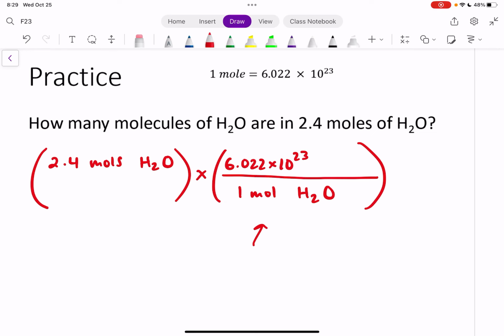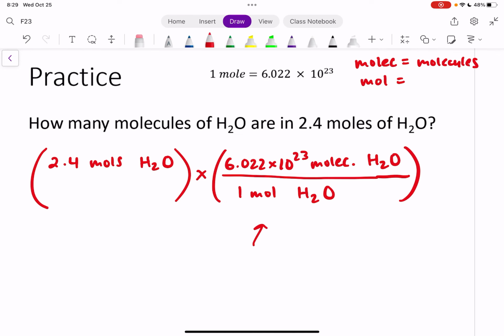Is it atoms of water? No, right? Water's not an atom. It's a molecule, right? So molecules, and you can abbreviate molecules MOLEC. I think I've mentioned that before. But remember, don't confuse these. Molecules is abbreviated MOLEC, and moles are abbreviated MOL.